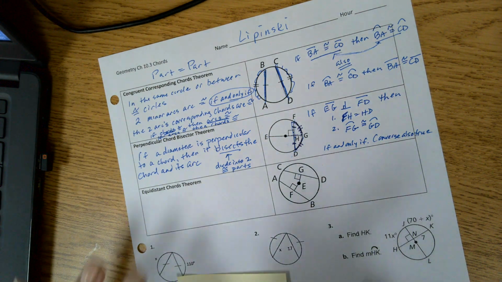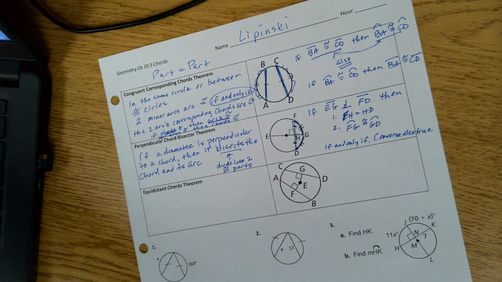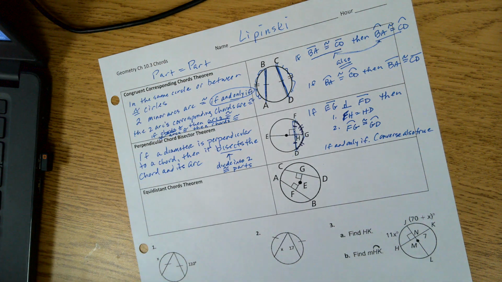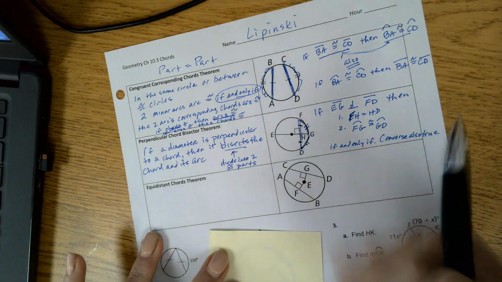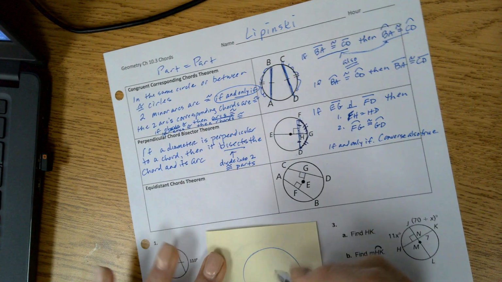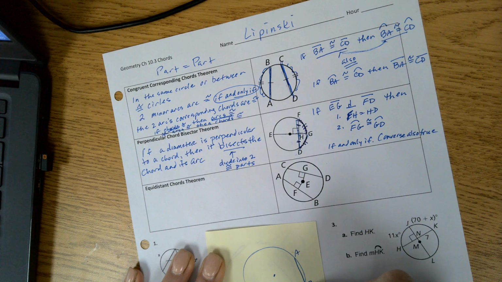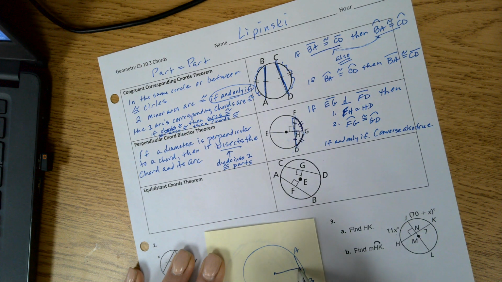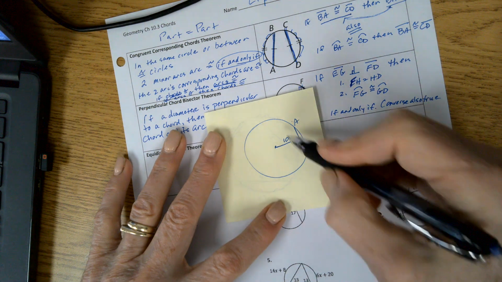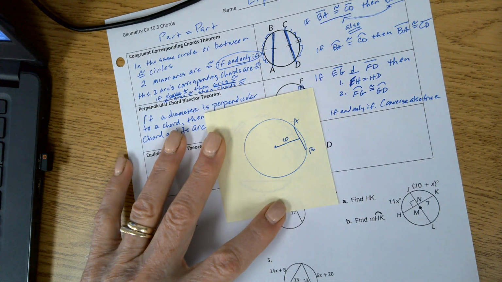Okay, last one. If I give you a circle, and here's my center, and I tell you that this segment AB is 10 from the center.